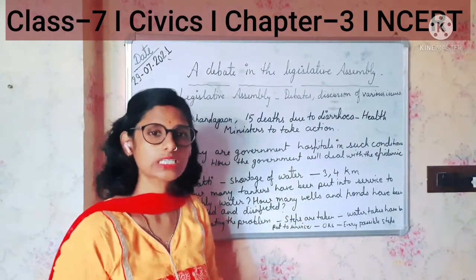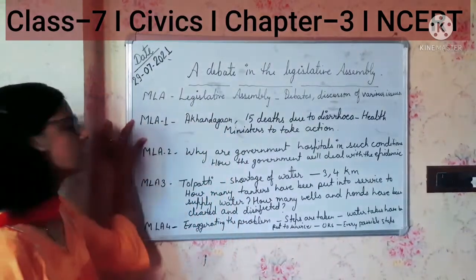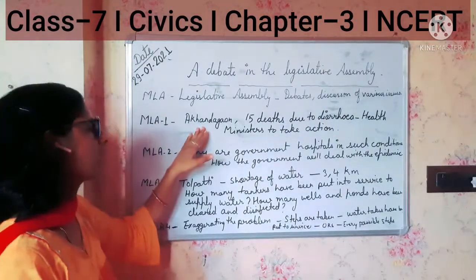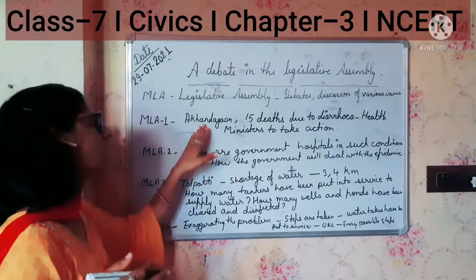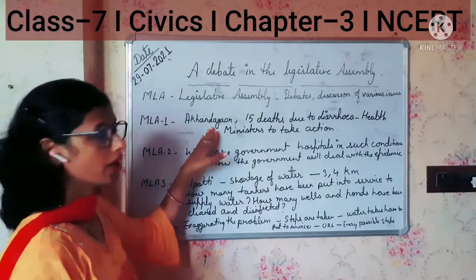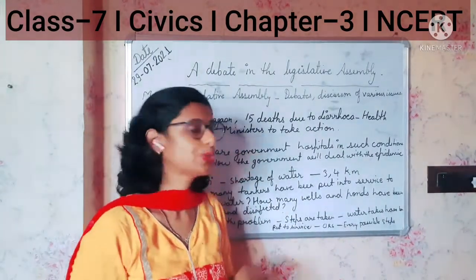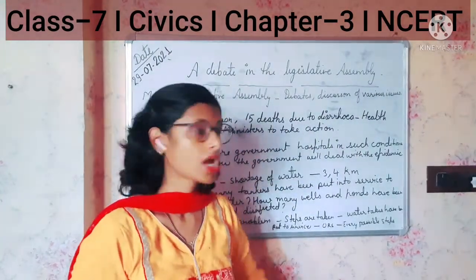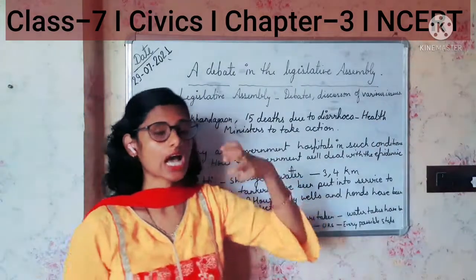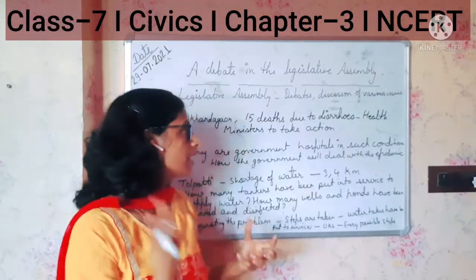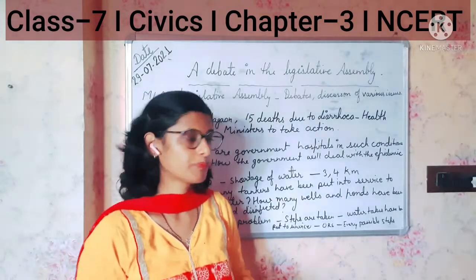The first MLA who stood was talking about Akhandgaon, where he says that 15 deaths are due to diarrhea, and he is asking the health minister to take immediate action.